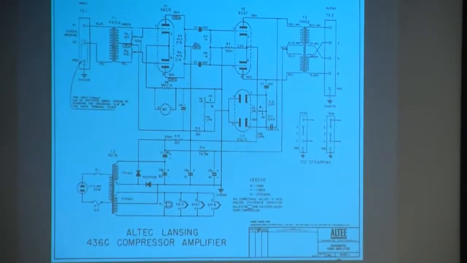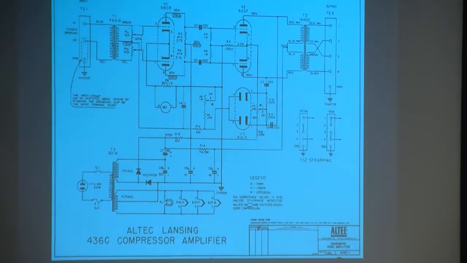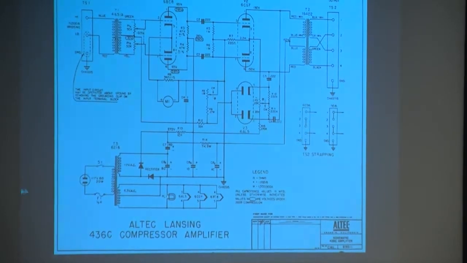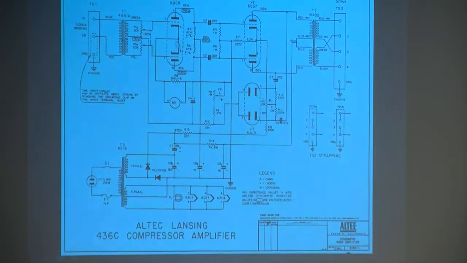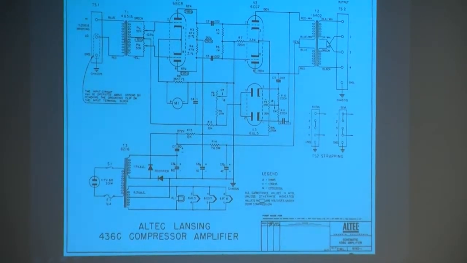So how does the Altec do this? This is a very old circuit. I think this is mid-50s, maybe later, I'm not too sure. Without going into too much detail, we can see that there is an input transformer at the top, followed by two valve stages in push-pull, and then an output transformer.